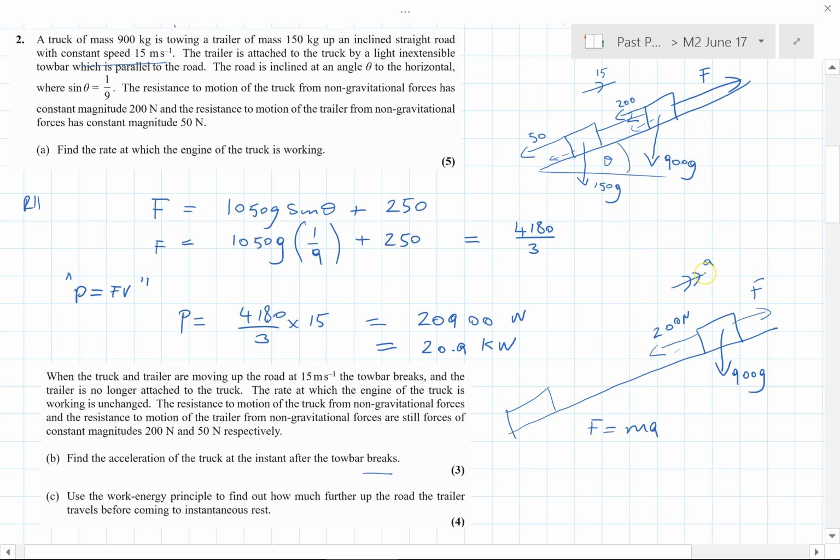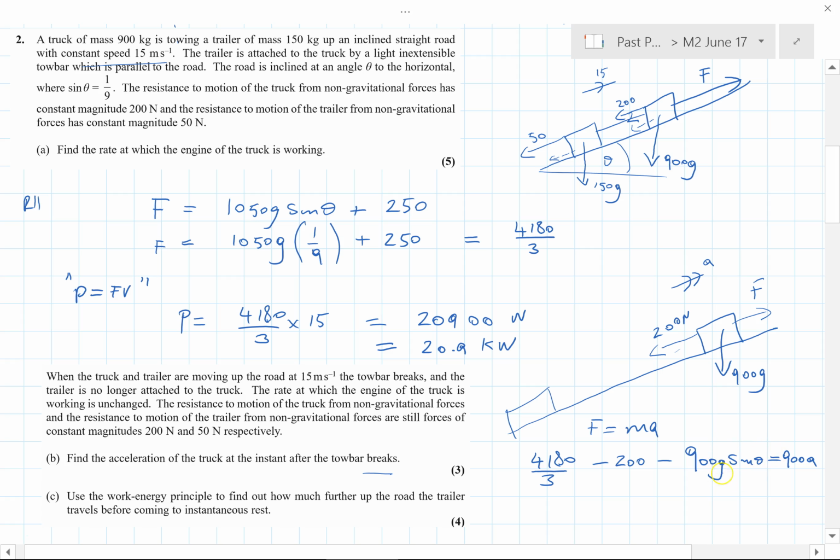We've got the driving force, which we've worked out from before, 4180/3. And again, we've got the 200 acting downwards, and we've got 900 g sine theta, is equal to 900a. Working all that out should be fairly straightforward.